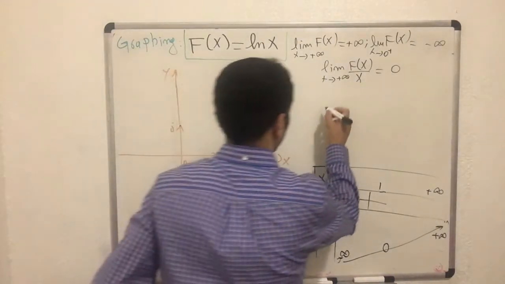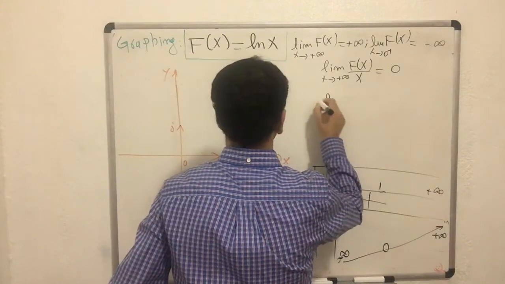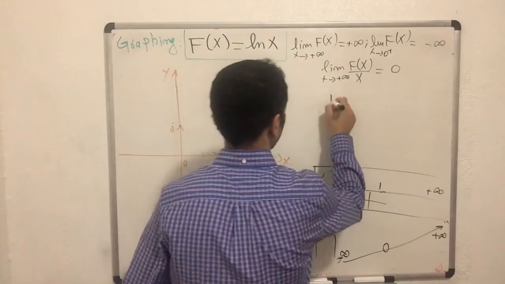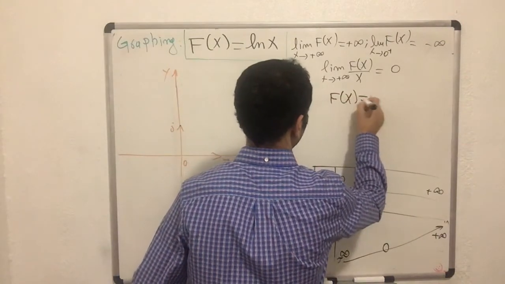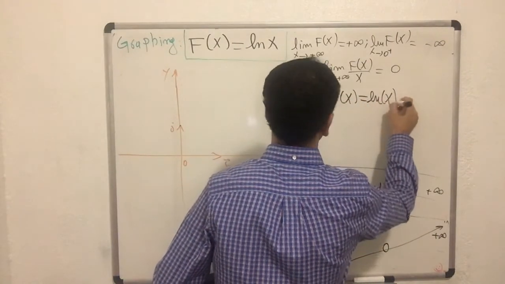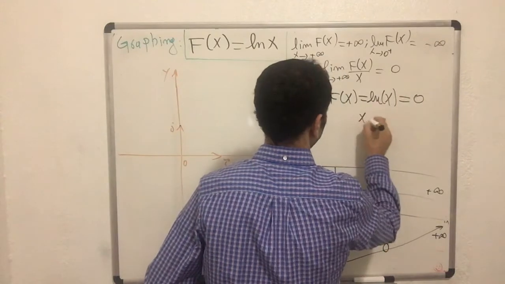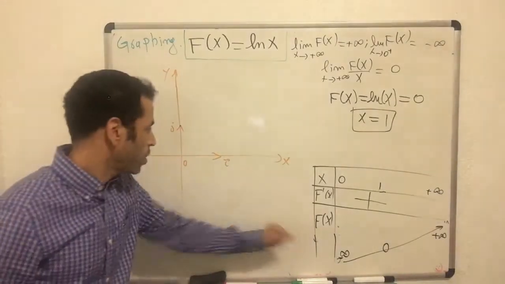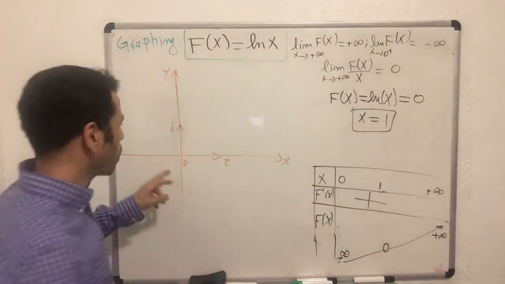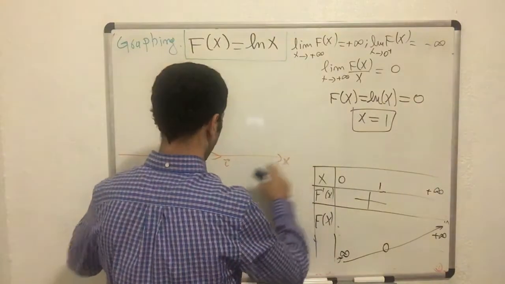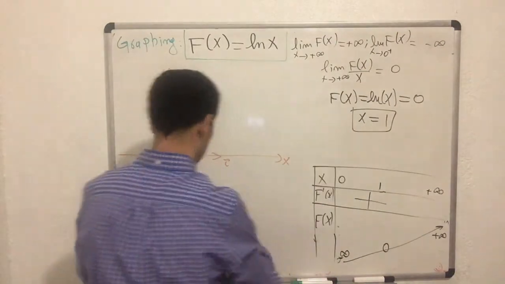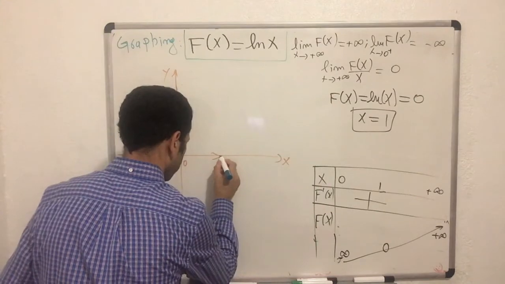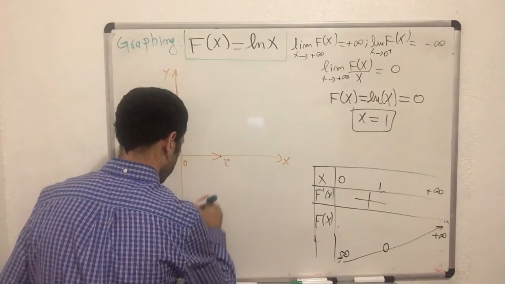We have to solve the equation f of x, which is natural log of x, equals 0. That means x equals 1. That means the function f is going to cross the horizontal axis at the point (1, 0) here. So our function is coming from this way.